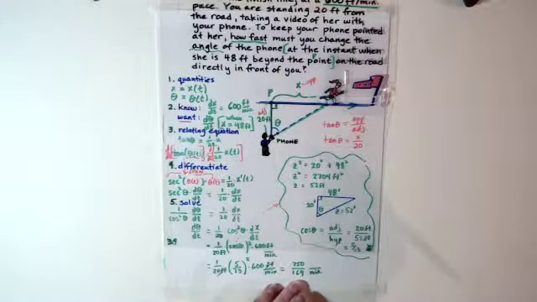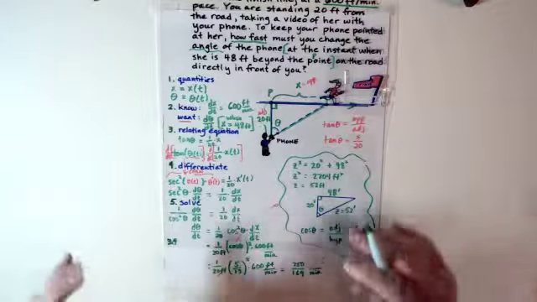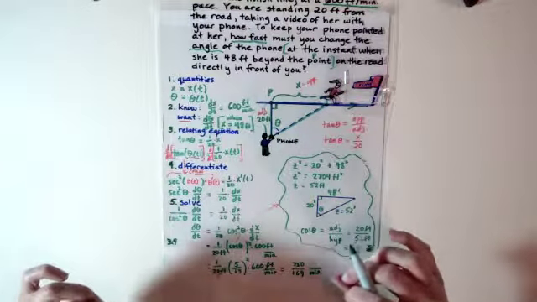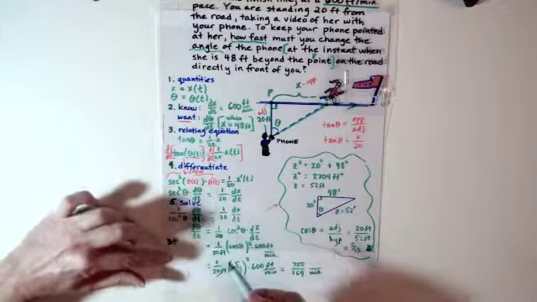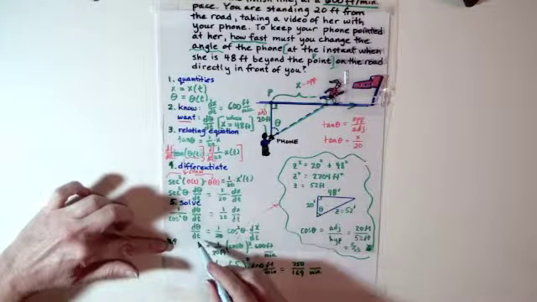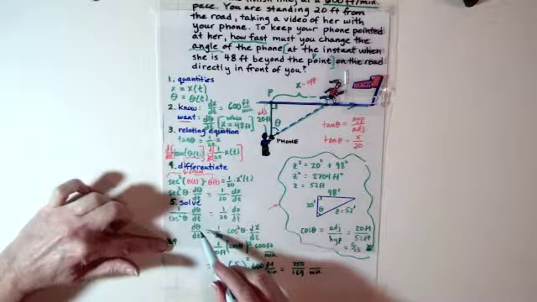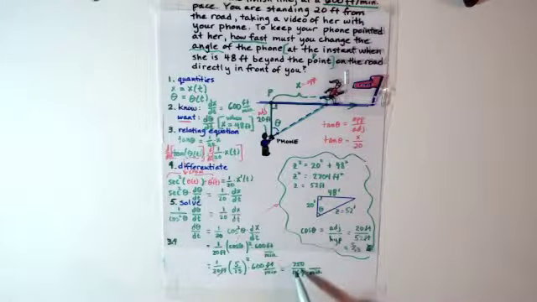Okay, that's kind of weird. But if you think about it, remember we're working in units of radians. So what we're saying is that d theta dt, the rate that the angle is changing in time, is 750 over 169, and we're really working in radians.